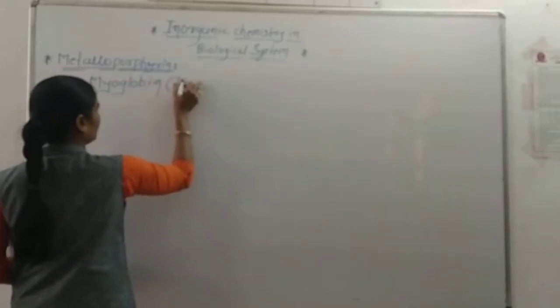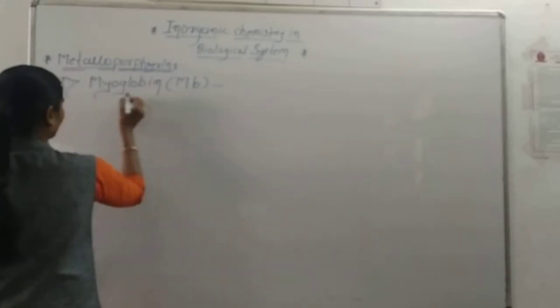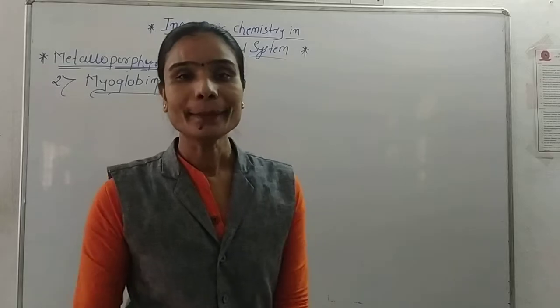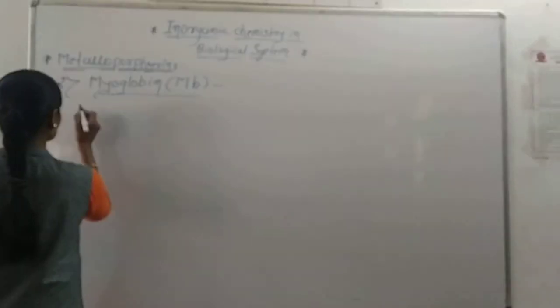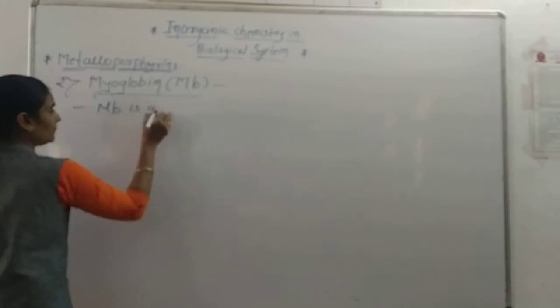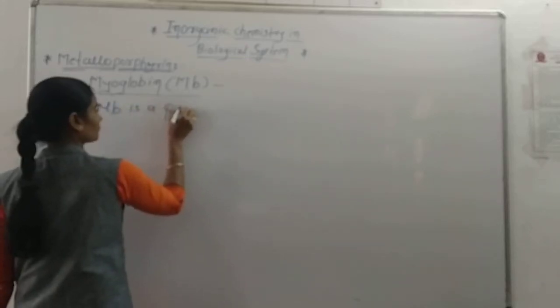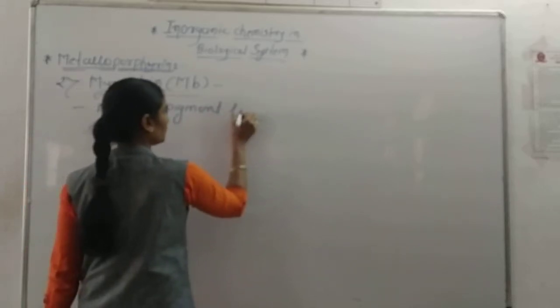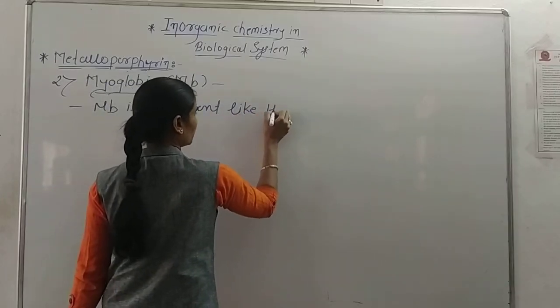Okay, this is the second metalloporphyrin, myoglobin. What is myoglobin? Myoglobin is a pigment like hemoglobin.